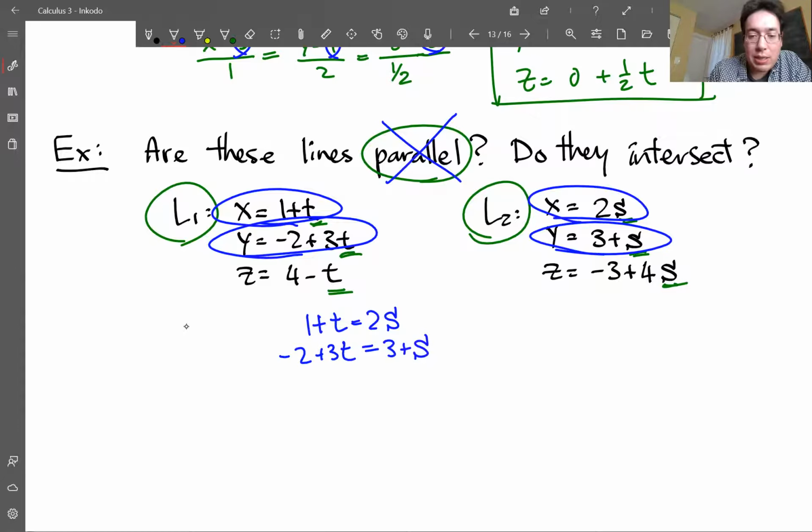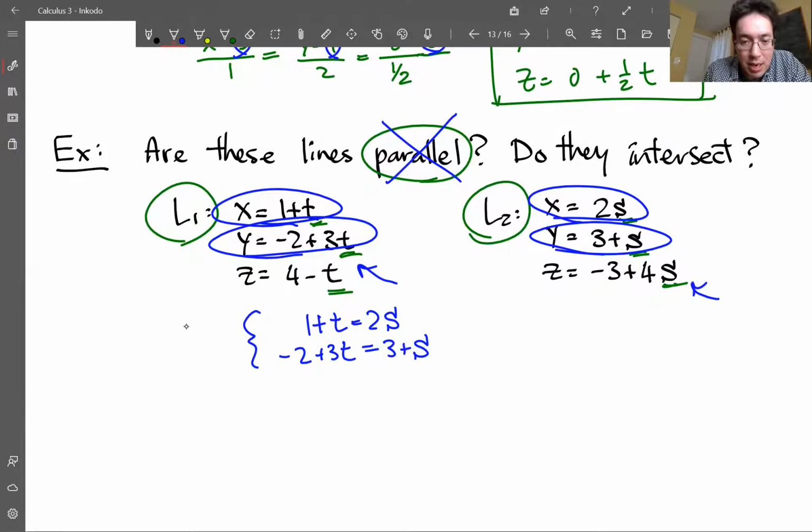The reason we only look at the first two equations is that's already two linear equations and two unknowns, so we should be able to solve for t and s. Then we can plug them in to see if they match on the z coordinate.